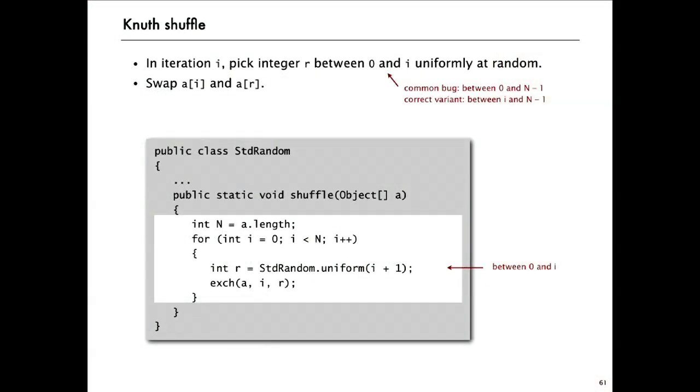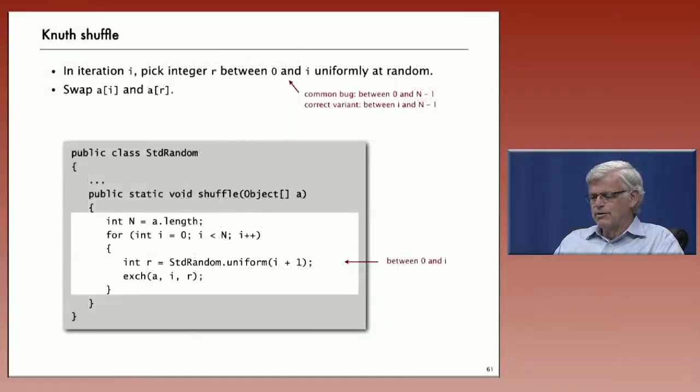You'll often see programmers thinking that they're implementing a shuffle and they just choose for every entry a random place in the array to exchange it with. And that doesn't really work. You could do the items between I and n minus 1, the ones that you haven't seen yet, and that would also work. But doing the whole array doesn't give you a uniformly random result. So with that one caveat, this code is almost trivial. And it's a method in our standard random class.